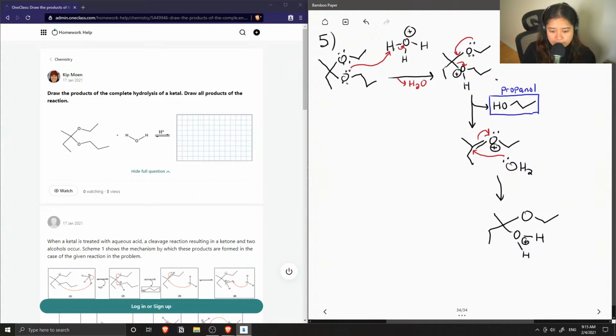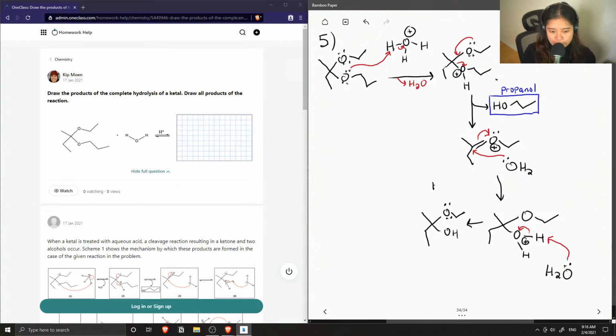And to relieve that positive charge, another water molecule can come in and deprotonate, take one of the hydrogens, to give us this intermediate. Where we have a newly formed alcohol group, like so.